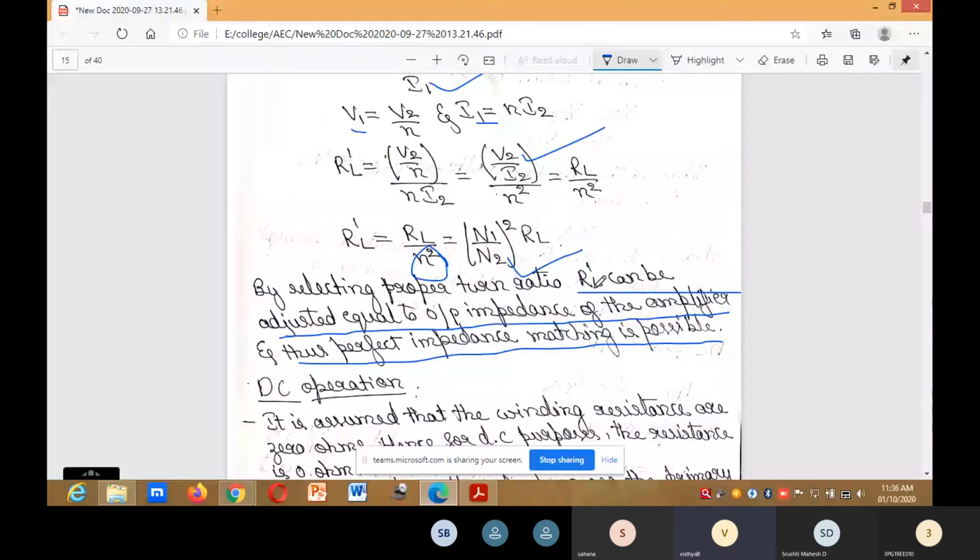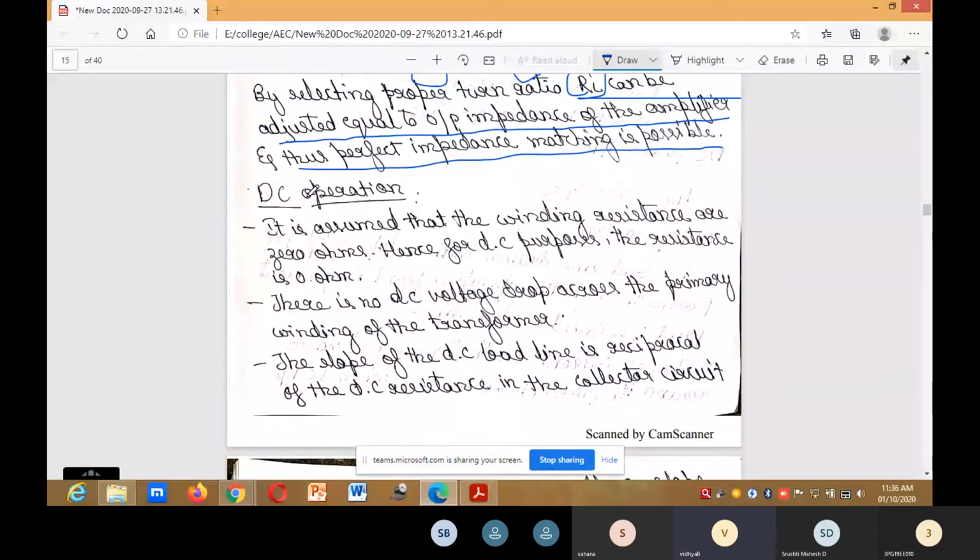If we adjust RL dash, then we can expect perfect impedance matching. Next, DC operation. It is assumed that the winding resistances are 0 ohms, and for DC purposes the resistance is 0 ohm. There is no DC voltage drop across the primary winding of the transformer.